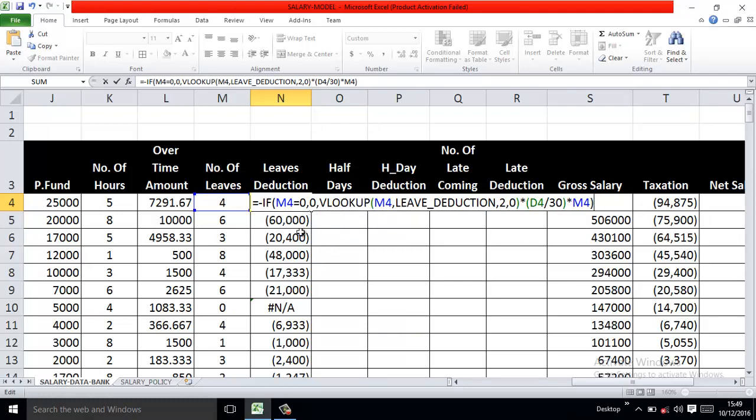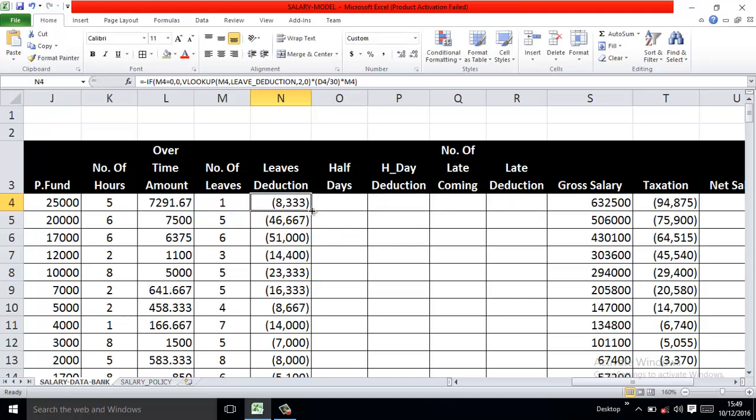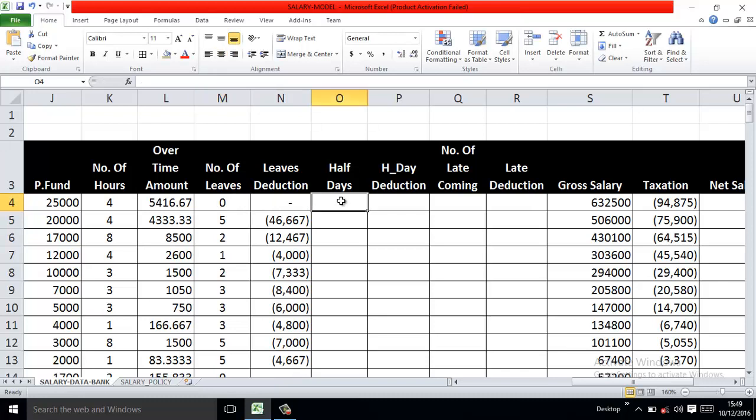So if I explain, this is my condition where M4, that's my number of leaves, is equal to 0, then in the true parameter I'm calling 0, while in the false parameter I'm calling this formula which we saw just earlier. So now for here we do not have the message not applicable, we have a dash that represents the 0. So now let's go to calculate the amount for half days.